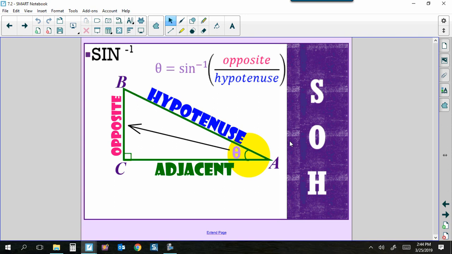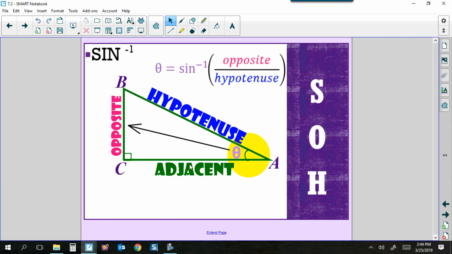If you look on your calculator, you'll also see your sine, tangent, and cosine buttons all have, in small type above them, sine to the negative 1, tangent to the negative 1, and cosine to the negative 1. You need to remember with this lesson today, when you're looking for an angle measurement, you have to hit the shift button on your calculator before doing this, otherwise you will not get the right answer.